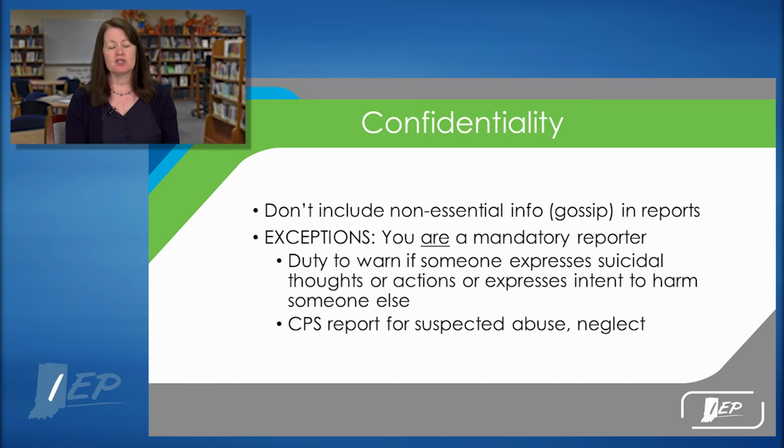If a student expresses suicidal tendencies, suicidal thoughts, anything like that, talks to you about any sort of intent to harm themselves or is actively talking about intent to harm someone else, then we have to break confidentiality and we have to report this. We have to let somebody know to make sure that either that child is safe or the person that they may be targeting is safe.